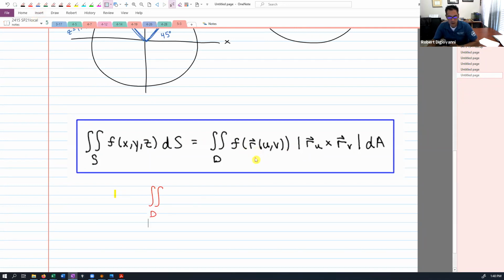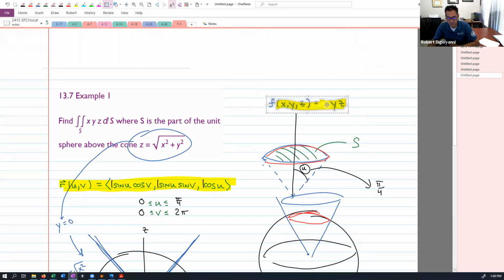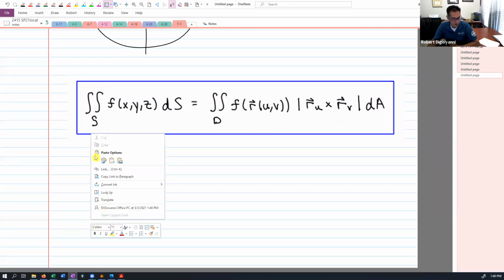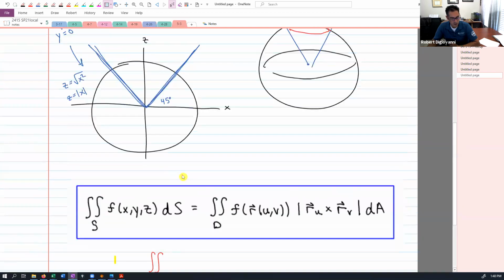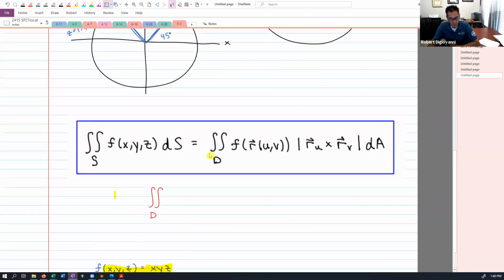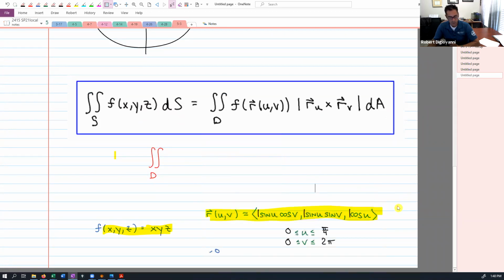Now, the scalar function, which was this, I'm going to have to slap it down here. There's our scalar, and then here's our vector function here. So what I want to do is take the scalar function xyz and evaluate it on this surface.